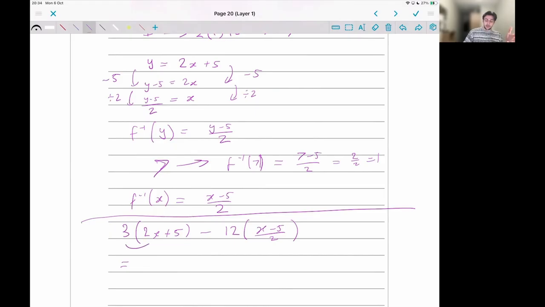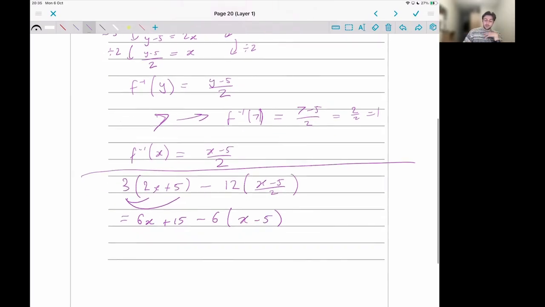So 3 times 2x is 6x. 3 times 5 is 15. And then I'm going to take this divided by 2 and bring it out to this 12 here. So I'm going to get minus 6 lots of (x minus 5), because 12 divided by 2 is 6. Don't lose that minus sign. It's very important. So we get 6x plus 15.